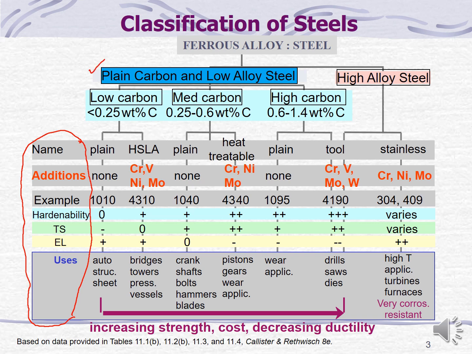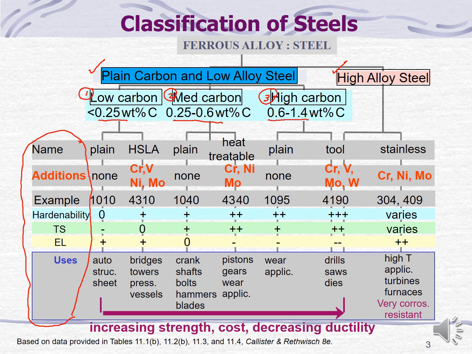This is plain carbon or low carbon, a low alloy steel, and this is the high alloy steel. Under the plain carbon and low alloy steels, we have here the low carbon steel, medium carbon steel, and high carbon steel. Low, medium, and high is referring to the percent of carbon.